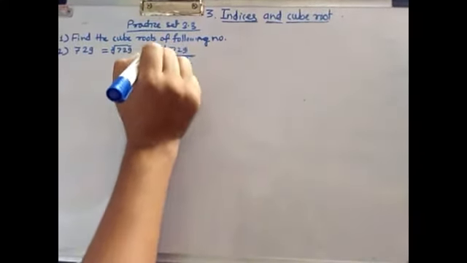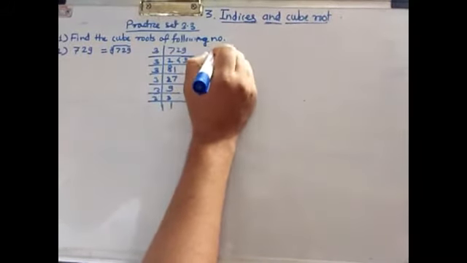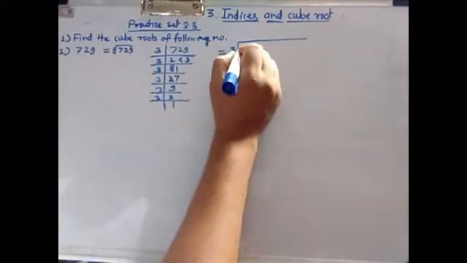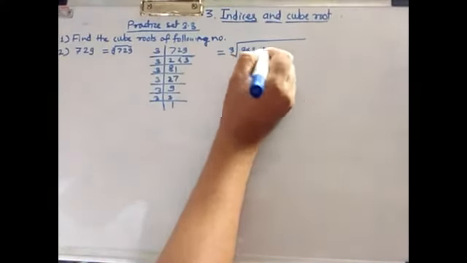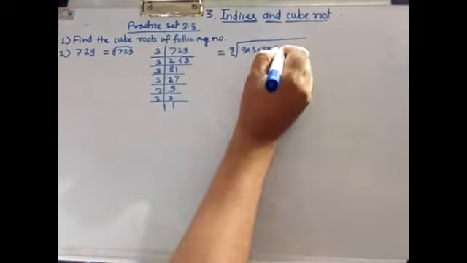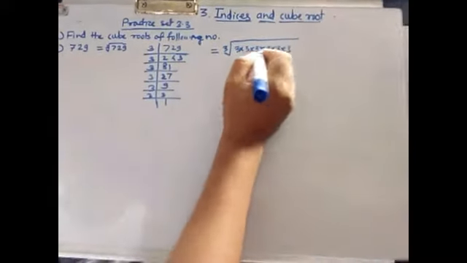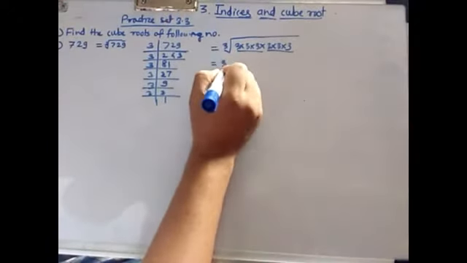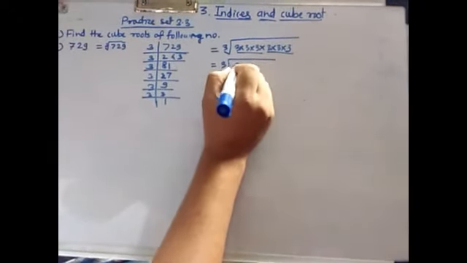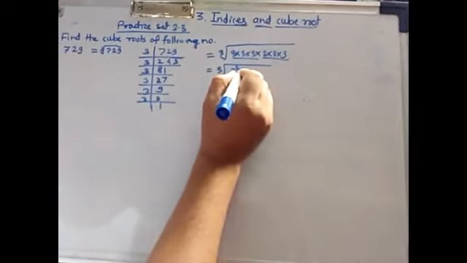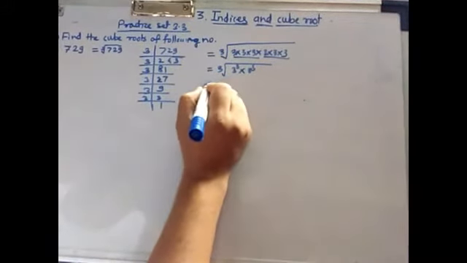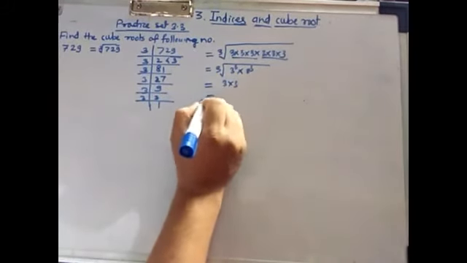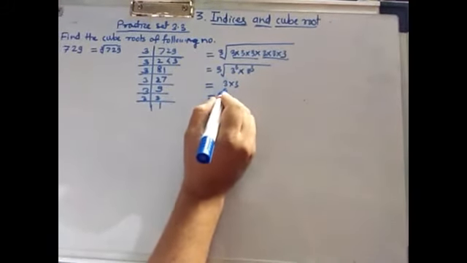So we get groups of 3 threes, which makes 2 groups. We write the cube root of 3 into 3 into 3 into 3 into 3 into 3, so two groups form. Then the cube root of 3 raised to 3 into 3 raised to 3, the cube and cube root get cancelled, then 3 into 3, 3 threes are 9.